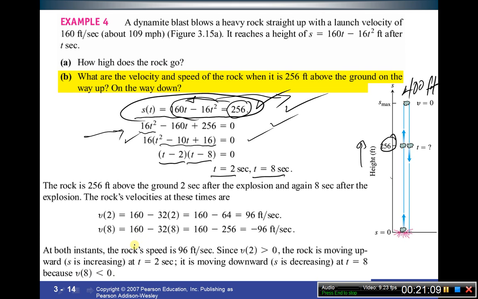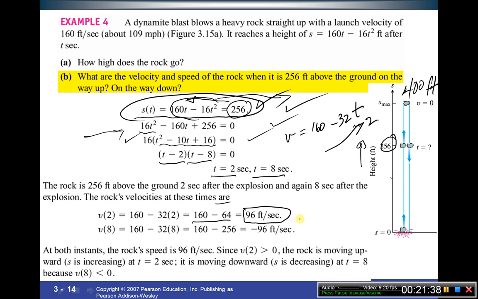So the rock's velocity at these times can be determined by the velocity equation. Remember, the velocity was equal to 160 minus 32t. So plugging 2 in, we get 160 minus 64, or plus 96 feet per second.